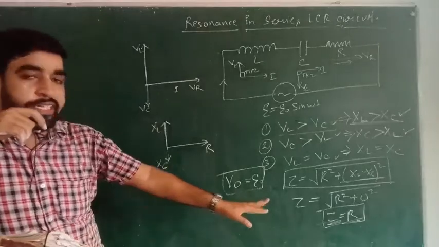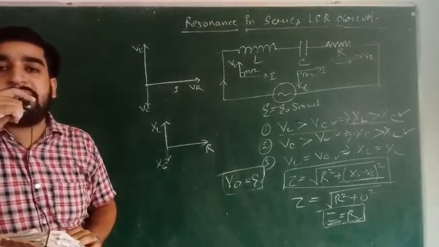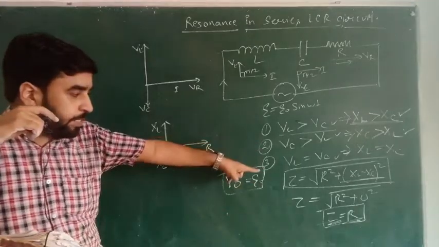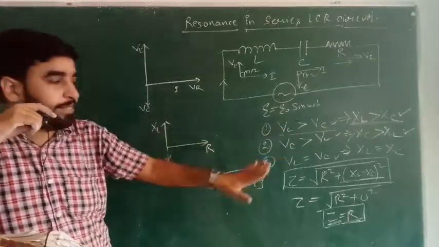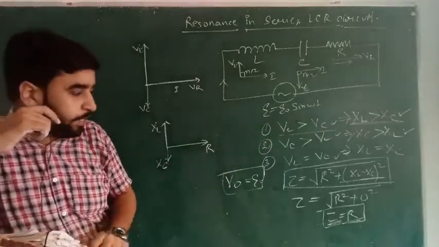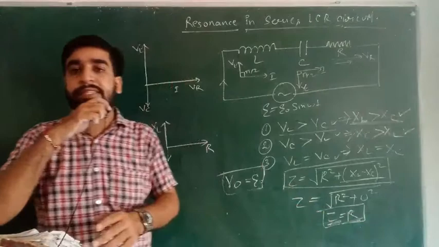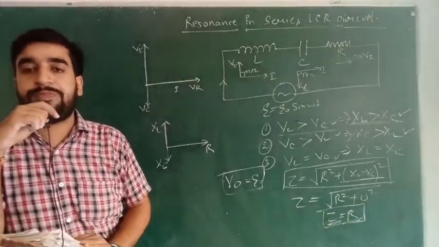So this is the condition for the third case, and this condition is known as the resonance condition. When VL is equal to VC, XL is equal to XC, the overall impedance of the circuit will be equal to the resistance, and this condition is known as resonance condition.